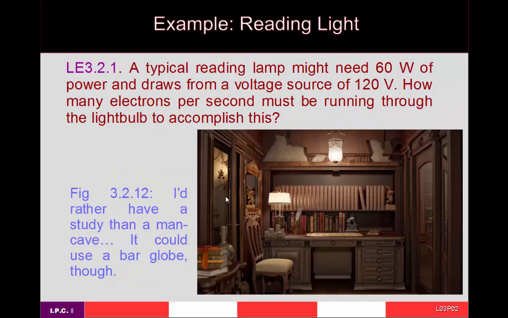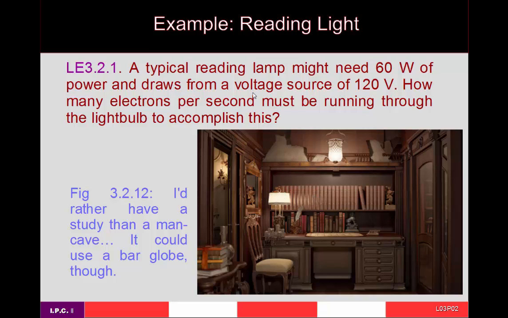I wanted to close out today's lecture with a simple example that ties a lot of this stuff from the lecture set in general together. It's an example that asks, you have a reading lamp in your study, library, office, den, bedroom, whatever.